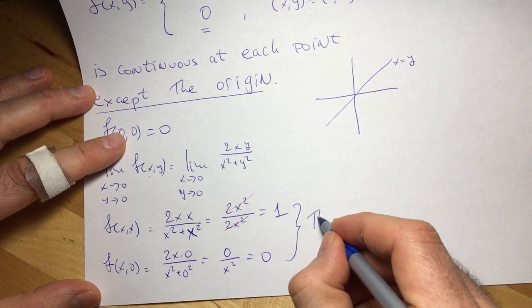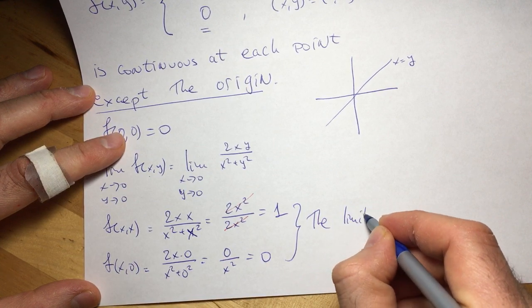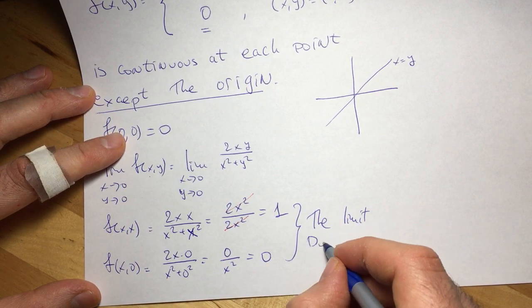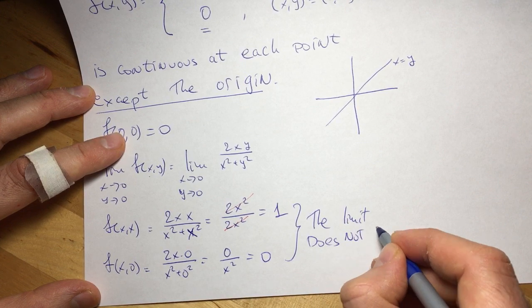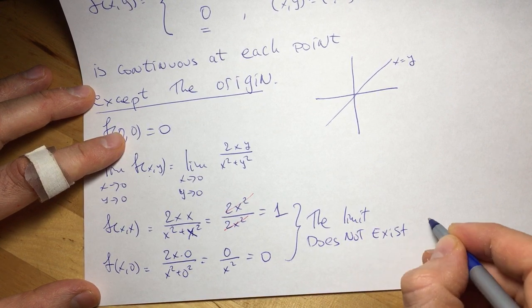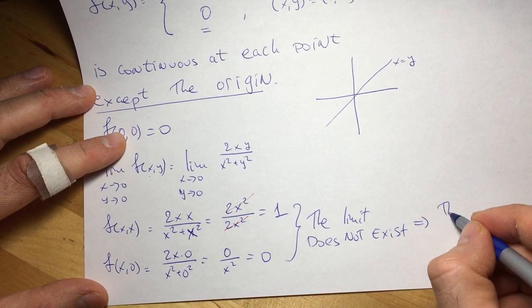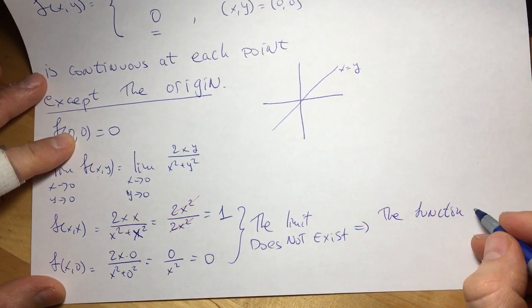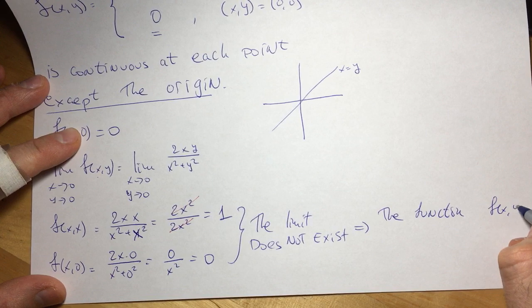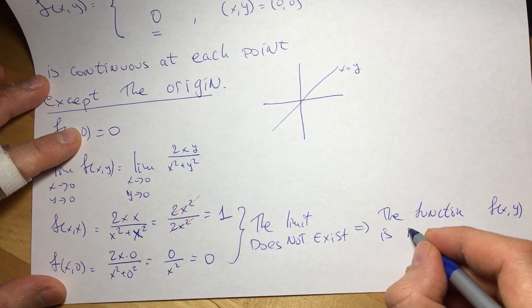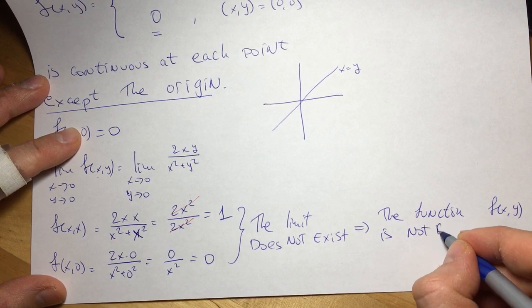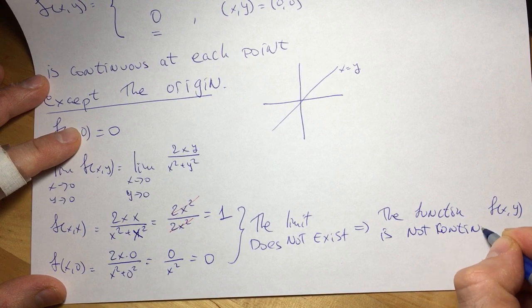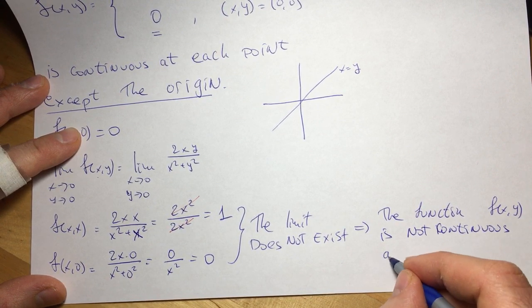So the limit does not exist, which implies that the function is not continuous at the origin.